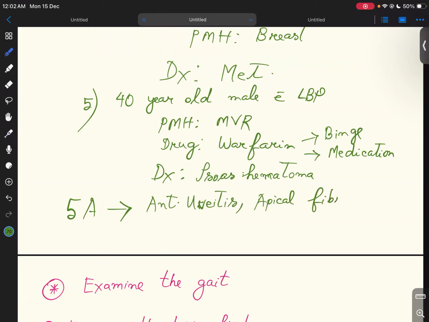At the heart, we have to look for aortic regurgitation. At the tummy, we have to palpate for hepatosplenomegaly, which is evidence that can be found in case of amyloidosis. At the leg, we have to palpate for Achilles tendinitis.